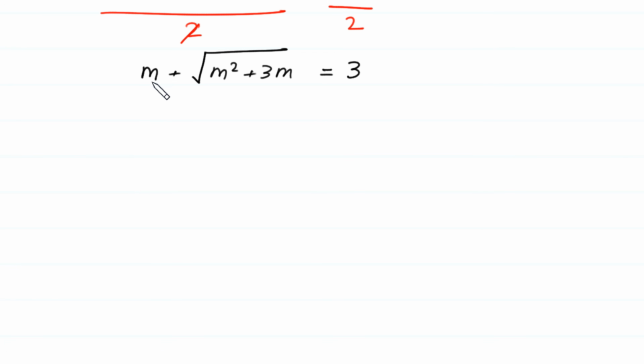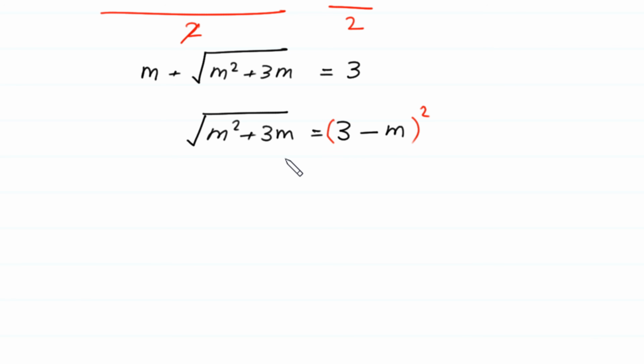Next we move this m to the right side. Square root of m square plus 3m is equal to 3, and this plus m becomes minus m at right side.